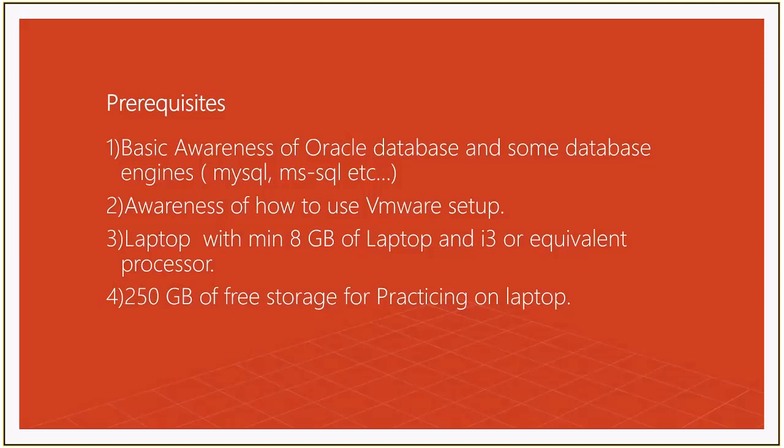You should have a basic awareness of how to use the VMware setup that I will be providing, which you can use on your laptop to practice everything we do in the coming tutorials. You should have a laptop with 8 GB of RAM, an i3 or equivalent processor, and enough storage to keep at least 1 or 2 sets of the VMware setup on your laptop.